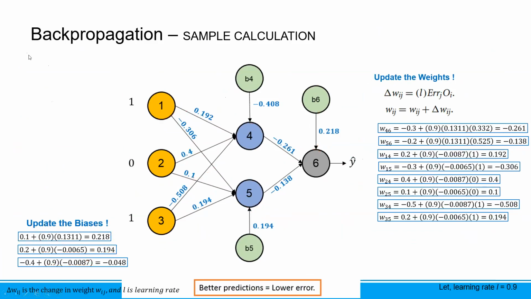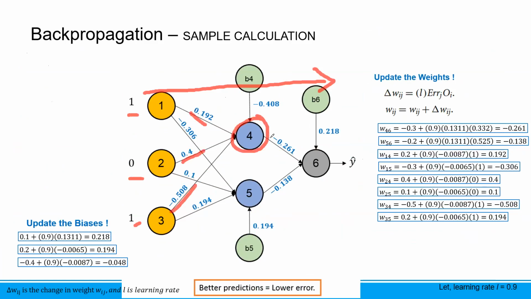So after we have this one, what will we do next? Again, we need to do it forward. So 1 multiplied by this, 0 multiplied by this, 1 multiplied by this, we get the value here.